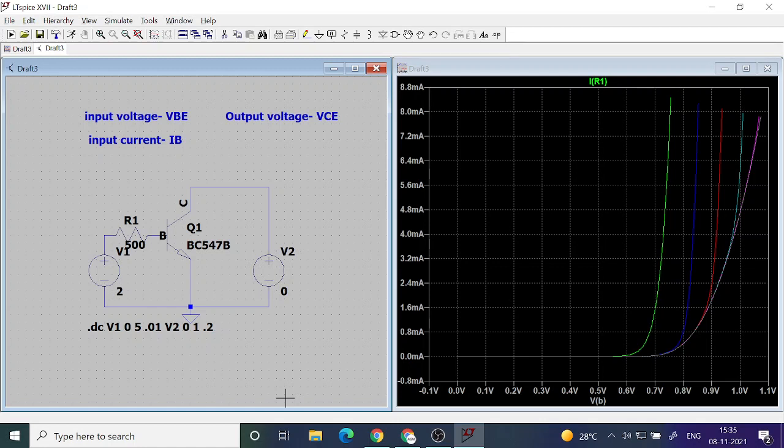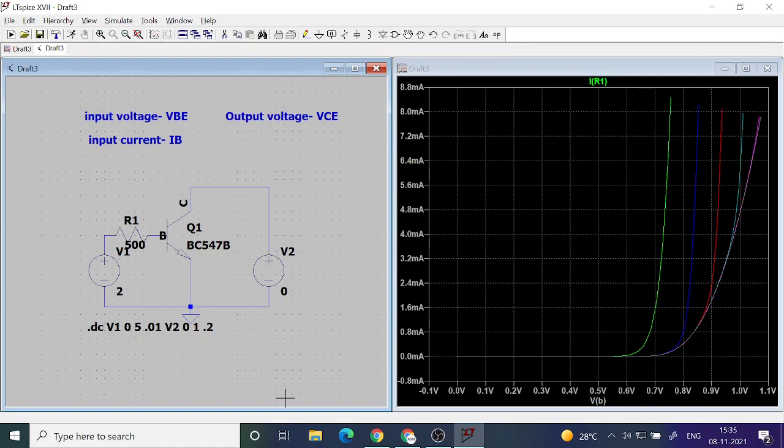Any questions regarding input characteristics? If you are asked what input characteristics are, you should know. Input characteristics is a plot of input voltage versus input current, keeping the output voltage constant. And you can do that for common emitter configuration, common base configuration, common collector configuration.